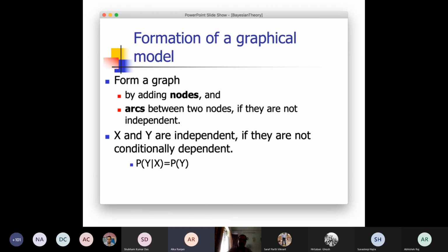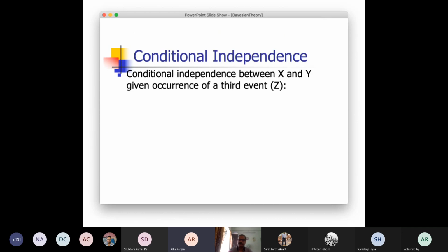When they are independent, you know this result from statistics: probability of y given x equals probability of y, or the other way, probability of x given y equals probability of x. They are all equivalent statements. And when you have the joint probability distribution, you can simply express it as the multiplication of these individual marginal probabilities. These are things we can infer from basic probability theory.